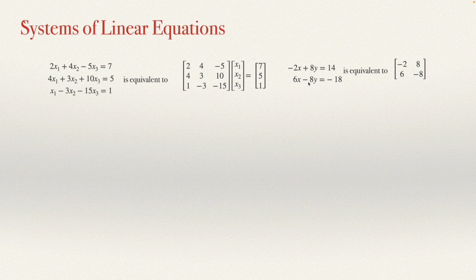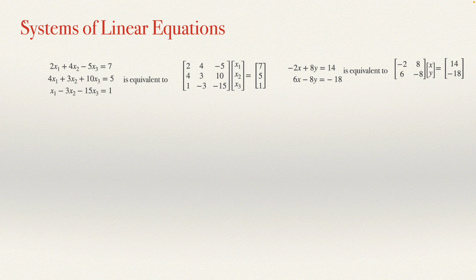Just verify that the unknowns are in the same order in both equations, x and y. And this will be equal to the vector of constants, the numbers that appear at the other side of the equations. So these two equations are equivalent to just this one equation.